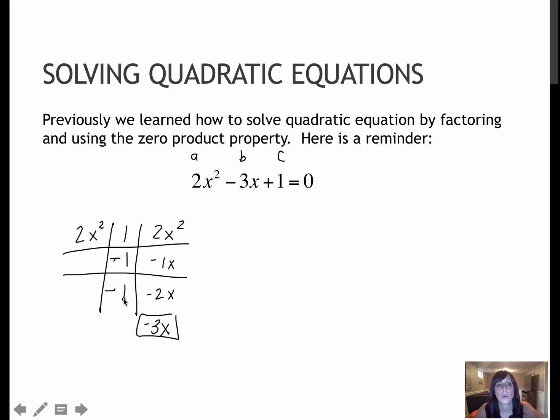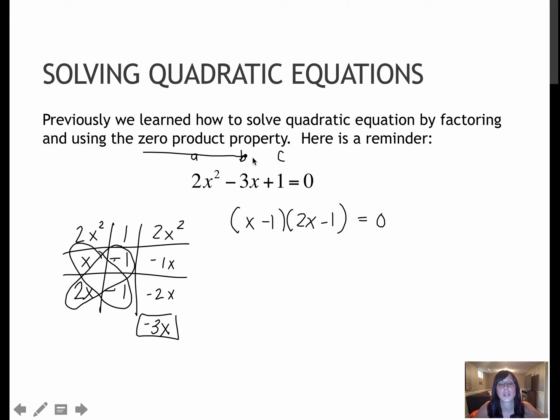The only number that will work here is 1, because 1 times 1 is 1. So this must be the 2x, and this must be the 1x, or just x. Then our factorization was the diagonals. So we could say that this is equal to (x - 1)(2x - 1) = 0. And the zero product property says if we have something that multiplies to 0, then one of the factors must be 0.